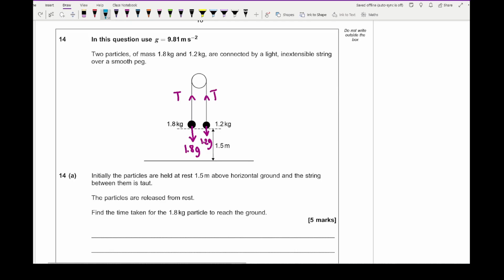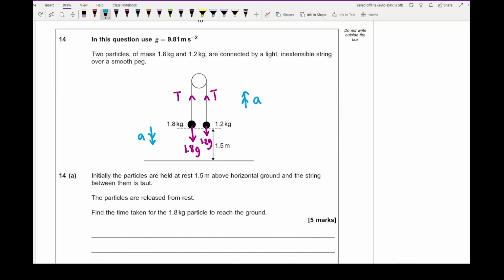And we know that from the description the 1.8 kilogram is going to move downwards, so we've got the acceleration acting downwards in the 1.8 kilogram side, and the same acceleration value is going to work upwards with the 1.2 kilogram side.